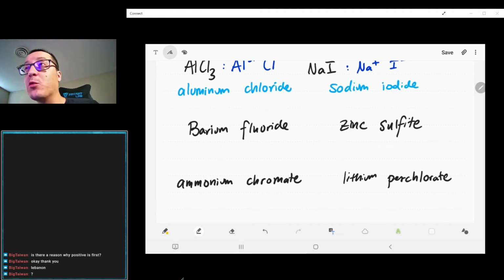This one's a little bit more tricky because we're going to have to potentially do some charge balancing once we figure out what all the ions are.